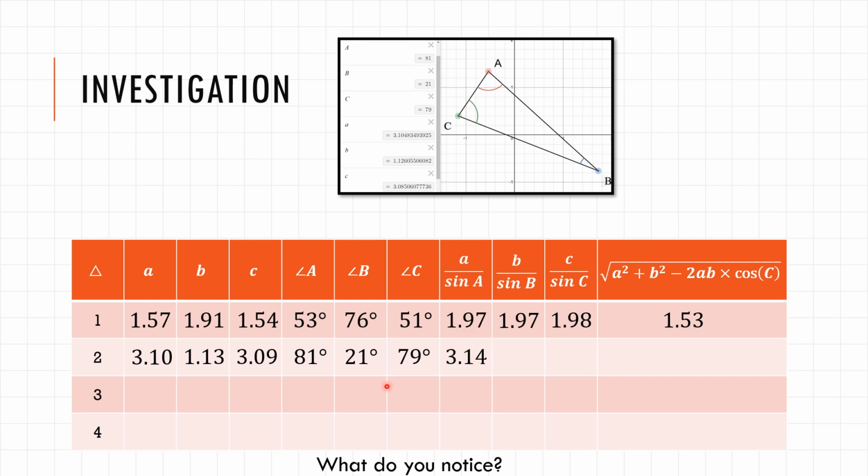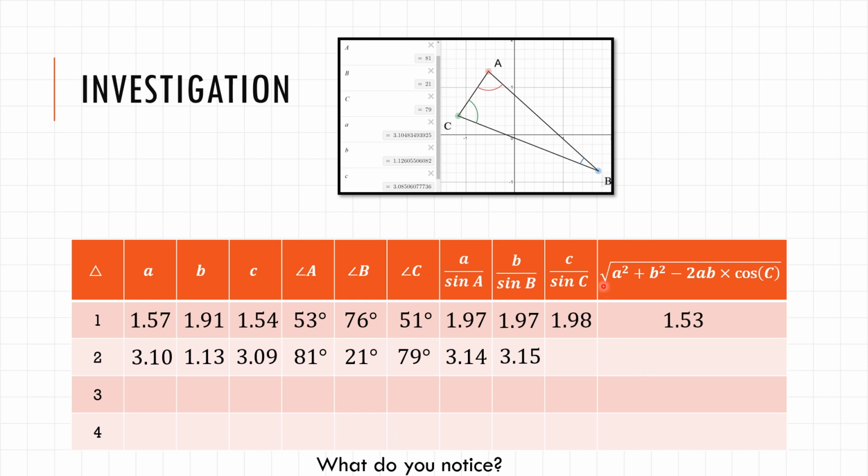So you should have gotten, if you did b over sine b, and so that's 1.13 divided by sine of 21, you should have gotten 3.1538, which rounds to about 3.15. And then finally, we have c over sine c, so that's 3.09 divided by sine of 79.